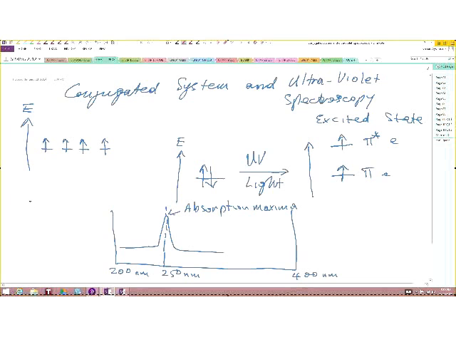Okay, well, before we do that, supposing I give you this. Do you expect this molecule to absorb UV light? Yes or no? No. Okay? About this one here.